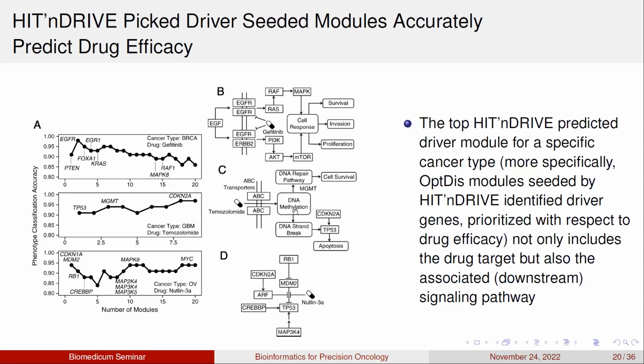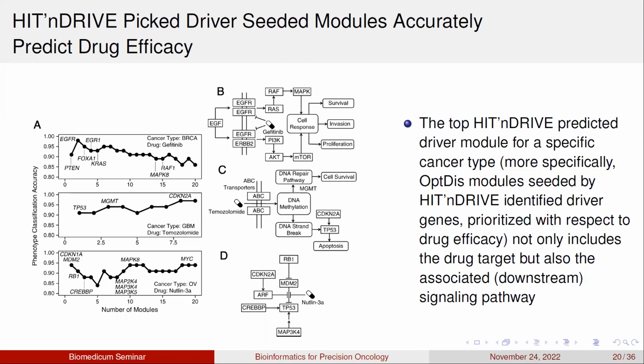So using our approach, we could identify not only the intended target and the efficacy of the drugs, but also other genes that are dysregulated when a particular drug is given to a patient or in the context of cell lines.